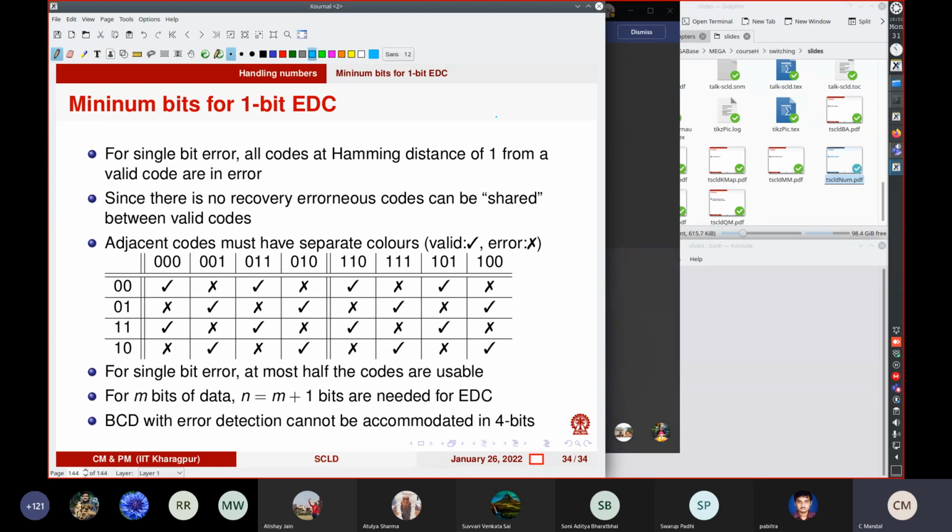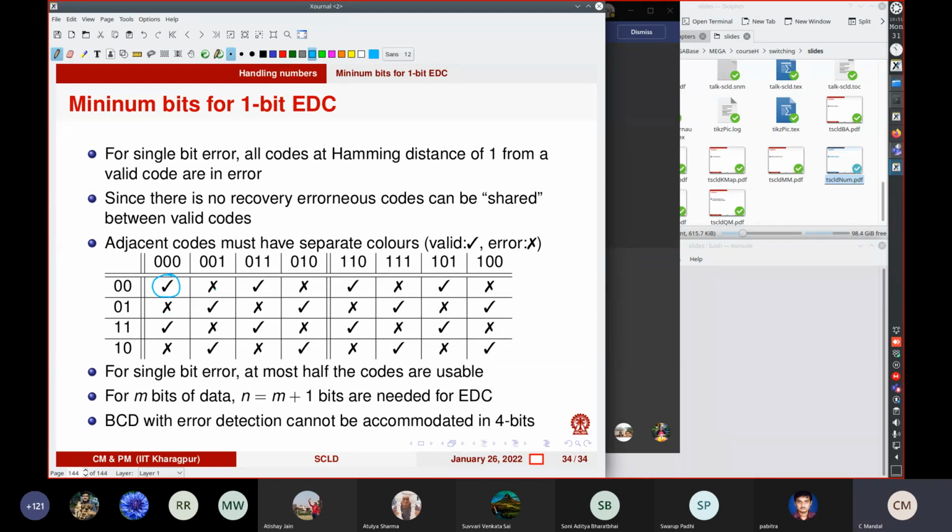See, what we have done is we started from all zeros. Suppose this was valid, suppose this is a good code. Then you cross out all codes which are at a distance of 1.